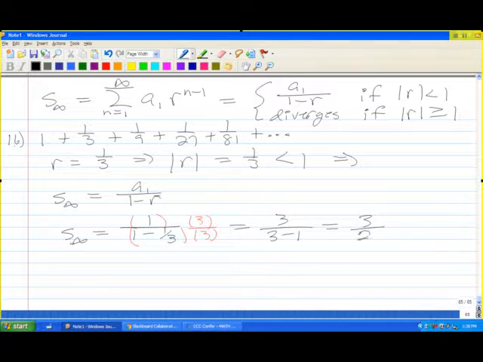And 3 minus 1 is 2. So if I add up 1 plus 1/3 plus 1/9 plus 1 over 27 plus 1 over 81 and keep doing that forever, I'll come out with 1 1/2. So the 1/3 plus 1/9 plus 1/27 and so on gives me 1/2 more.